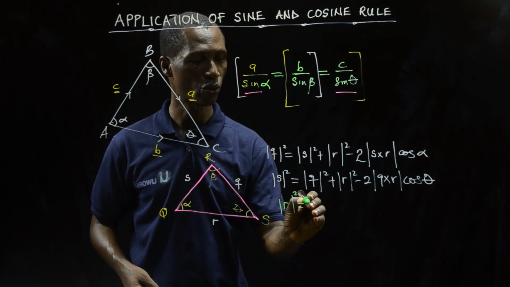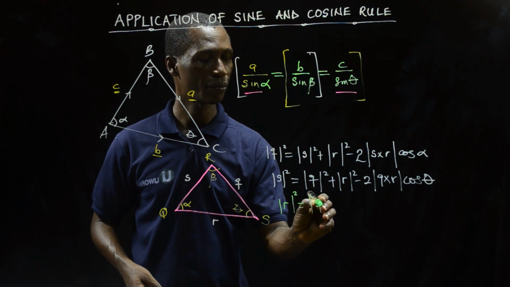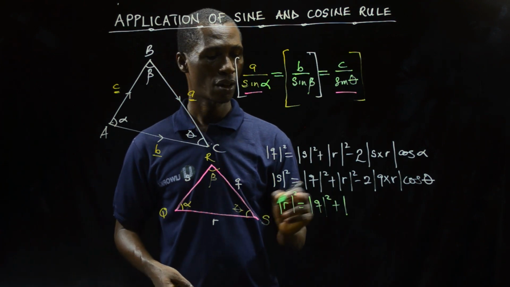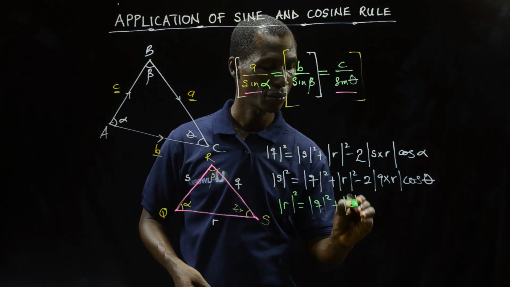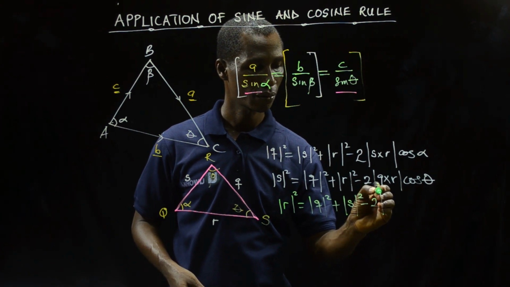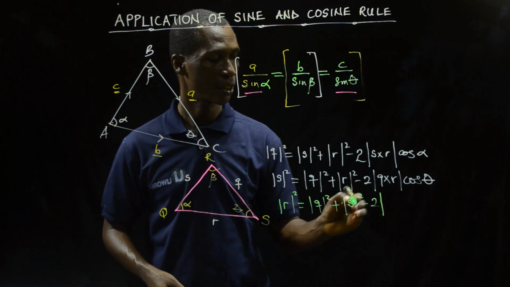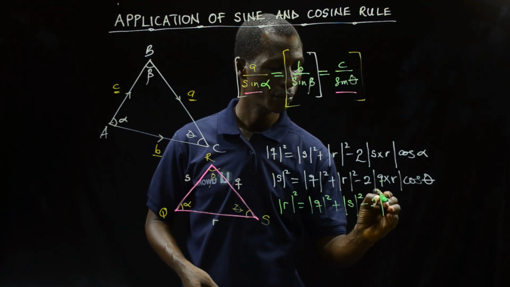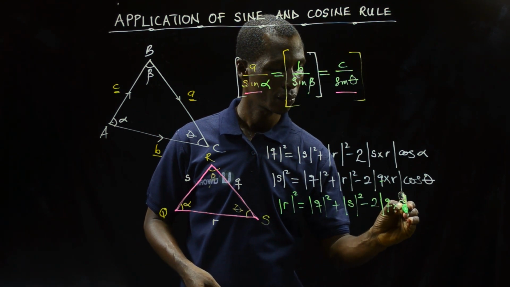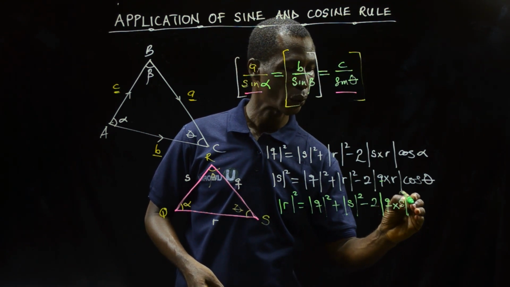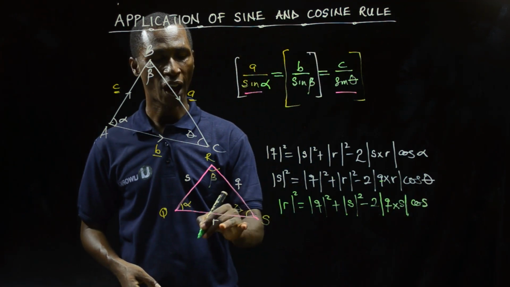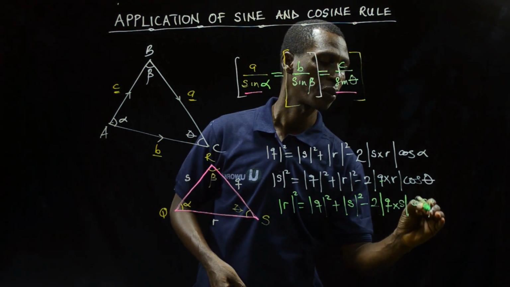That is R squared equals Q squared plus S squared minus twice QS cos. So what is R conforming with? R is conforming with beta, so cos beta.